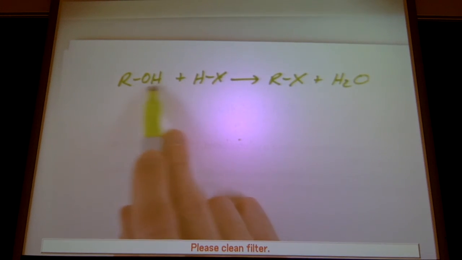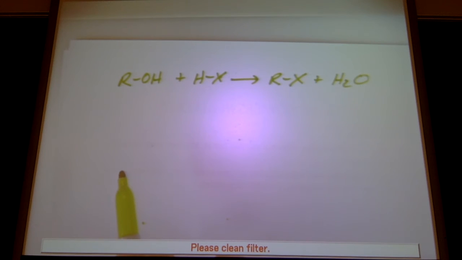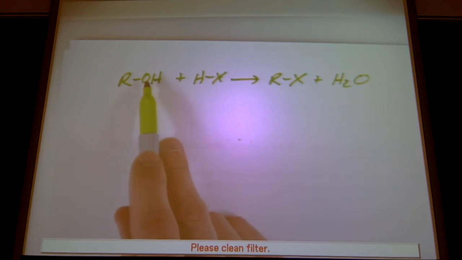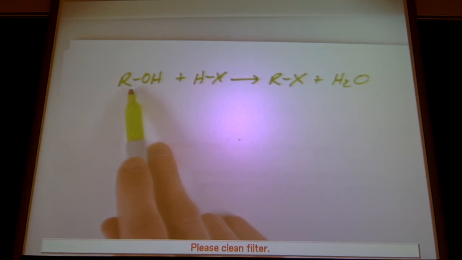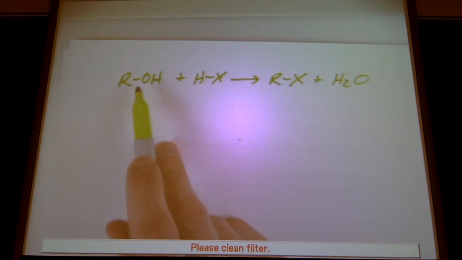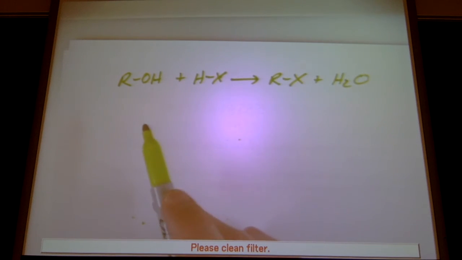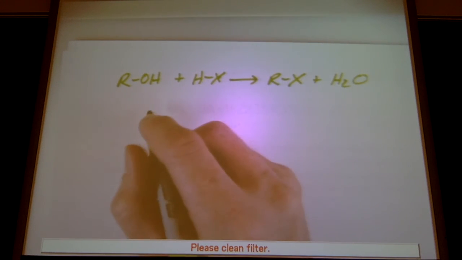You're just replacing the OH with the X. The reaction works best with tertiary alcohols because this reaction always goes through a carbocation intermediate, which we're going to look at in the next chapter. Tertiary carbocations are more stable. Primary or secondary alcohols are better converted to alkyl halides using thionyl chloride or phosphorus tribromide.